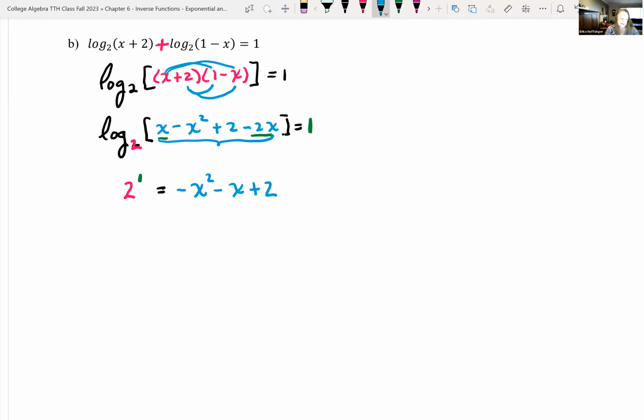So I notice here I have a quadratic equation, and to solve quadratic equations, I like to set my equation equal to 0. I also like my coefficient in front of x squared to be positive 1. So let's add x squared to both sides of the equation, and we get x squared. Let's add x to both sides, so plus x. And then let's subtract 2 on both sides.